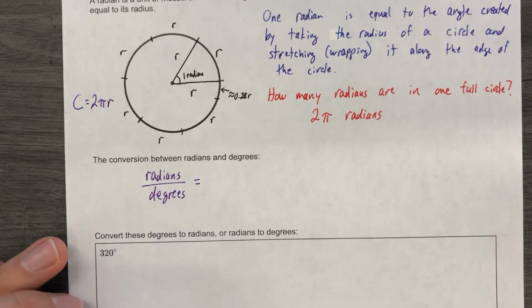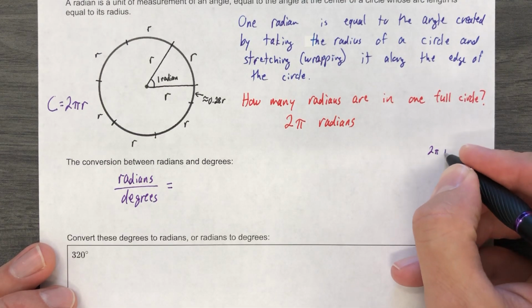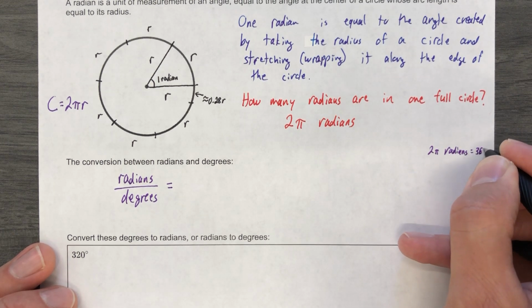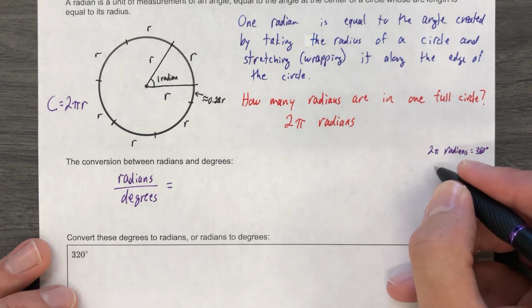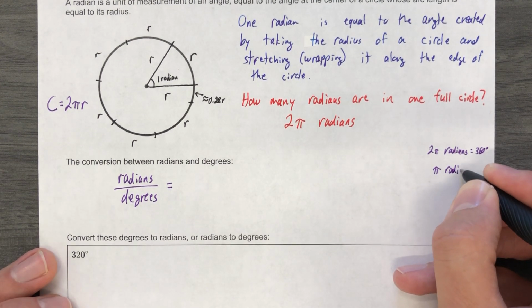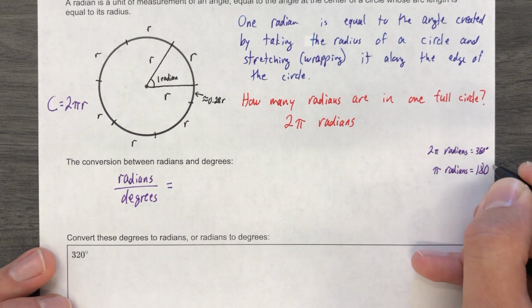So if 2 pi radians is 360 degrees, then let's divide both sides by 2, and we'll have 1 pi radians, it's still plural, equal to 180 degrees.